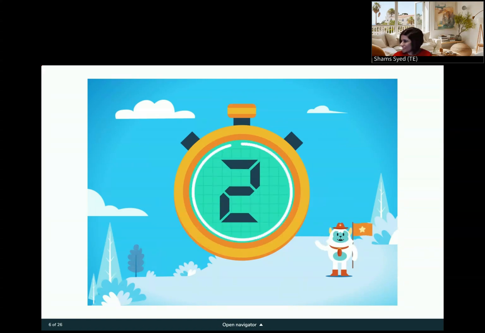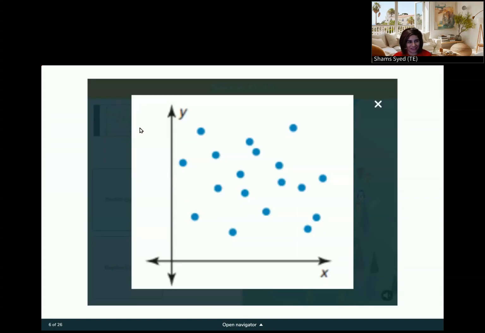Final question. Look at this scatter plot. Identify the correlation between the data sets. The dots are spread out everywhere. What kind of a correlation is it?